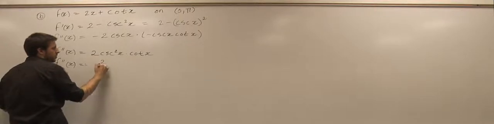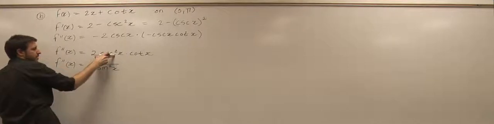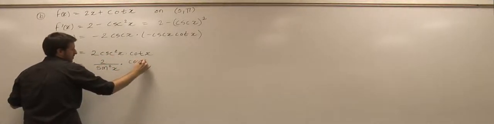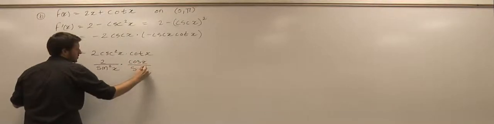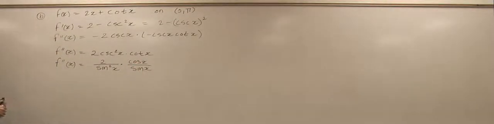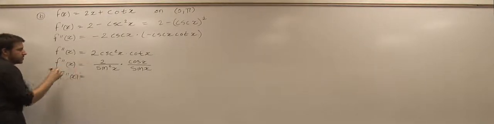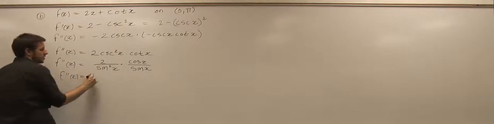So this will be 2 over sine squared x for this part times cosine over sine. So switching it into sines and cosines helps you find your critical numbers or your zeros and your undefined a little easier.